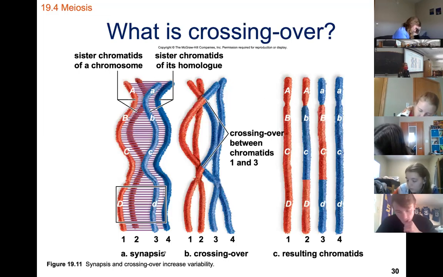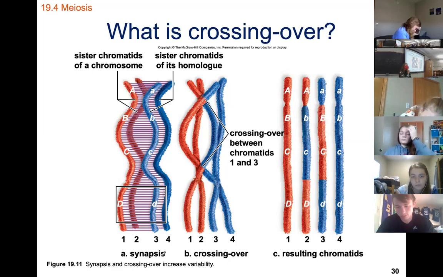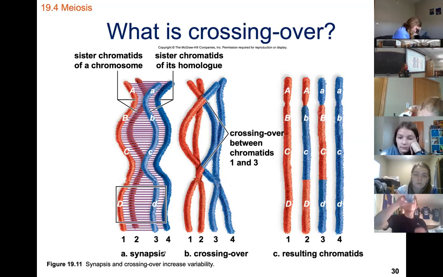I think of these kind of like pipe cleaners. You guys remember pipe cleaners from crafting? If you were to snip a blue pipe cleaner and glue it to a red pipe cleaner, that's kind of what you have here. So if we have a chromosome that has A, B, C, D genes, and then you have another chromosome that has lowercase a, B, C, D, those are the sister chromatids.